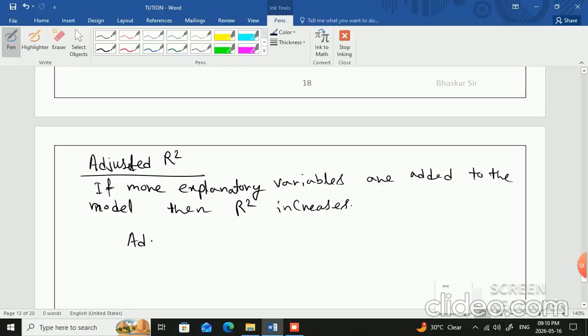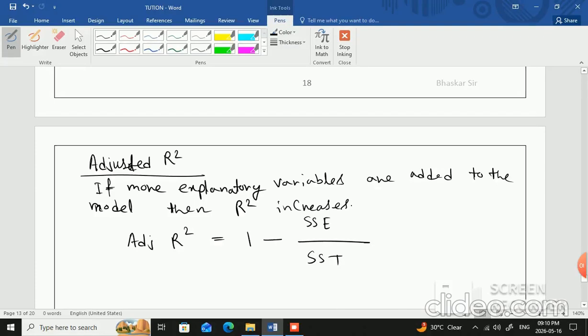Then use adjusted R square. Adjusted R square is the R square adjusted by their degrees of freedom. 1 minus SSE by SST is the R square.